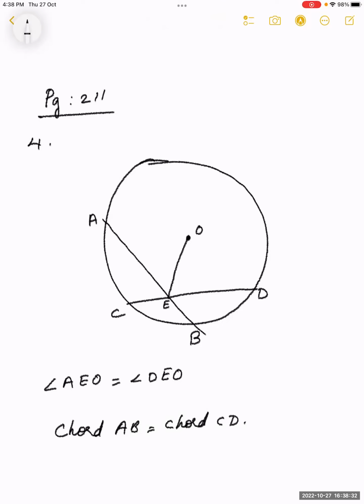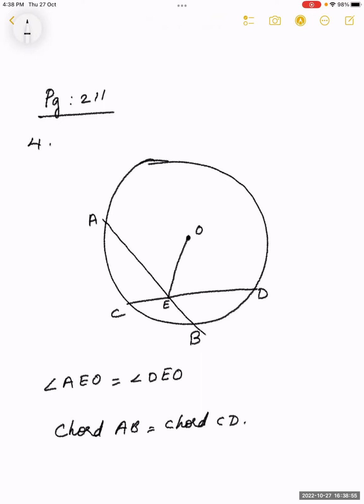Understood the question, all of you? So we are given two chords and the center of a circle. And these chords are intersecting at some point. From the center to that point is actually dividing angle AED equally.